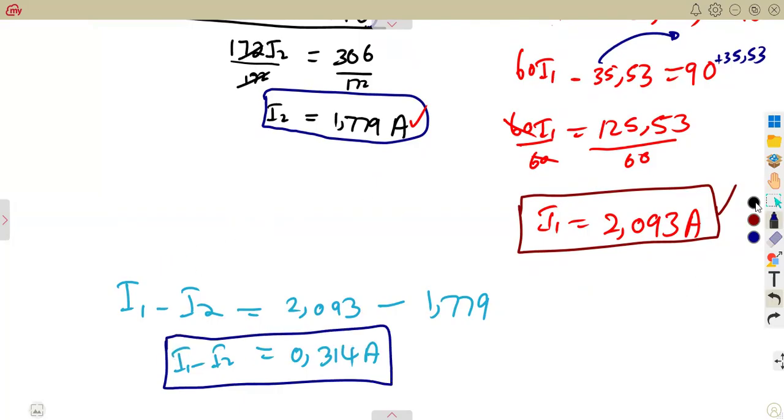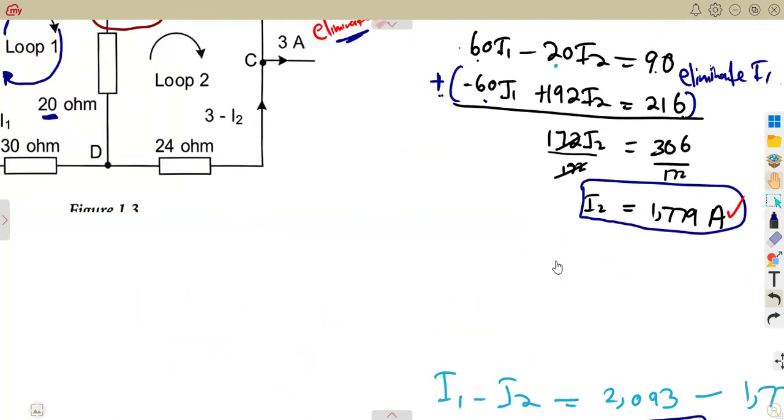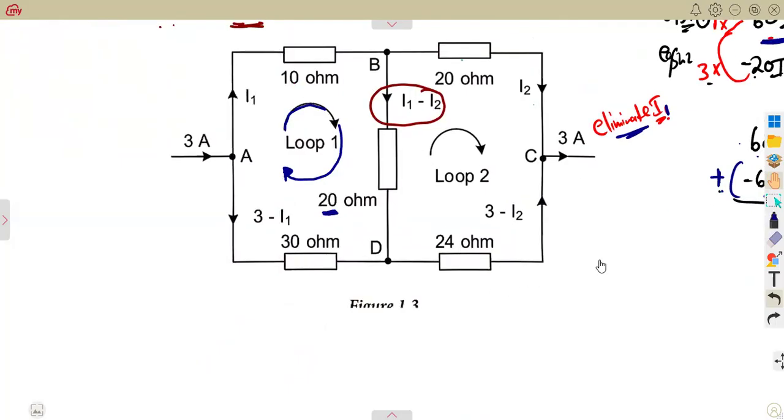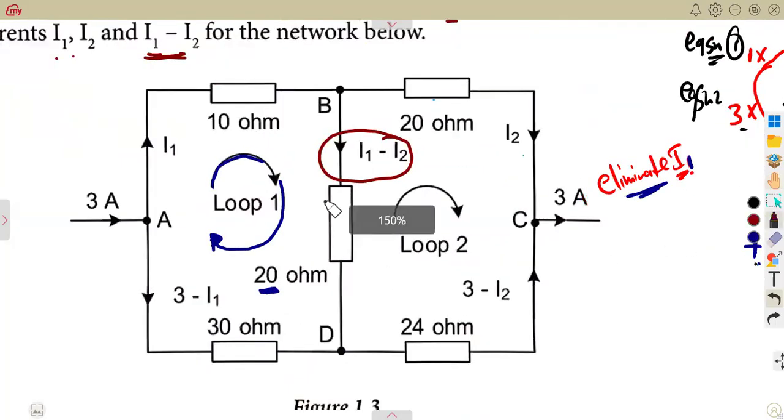So questions can differ depending on what you have thereafter, because you now have the currents. They can even ask you to calculate the voltage drop across this resistor, where there is I1 minus I2. We can calculate that. Remember, voltage is current times resistance, but we are using this I1 minus I2.